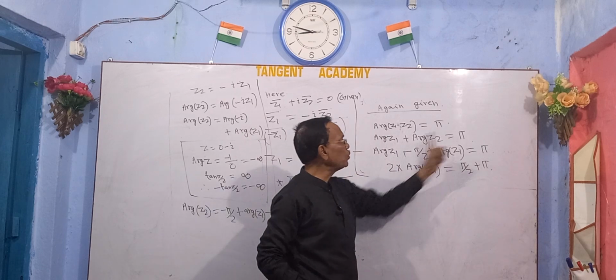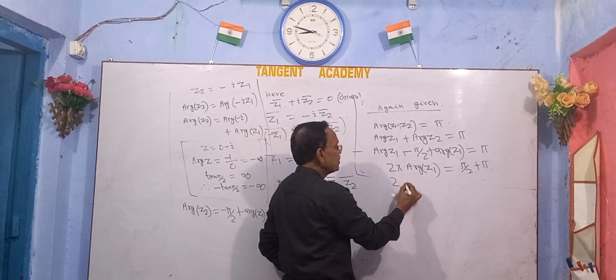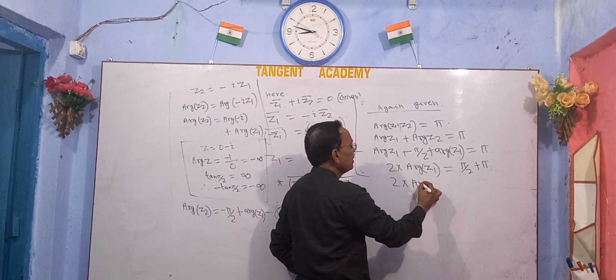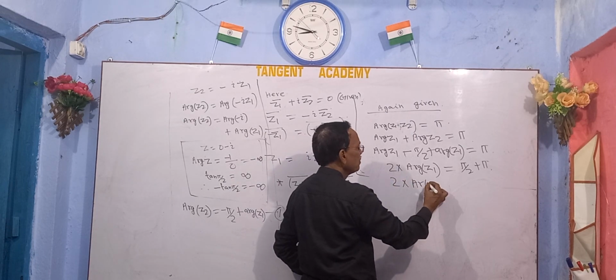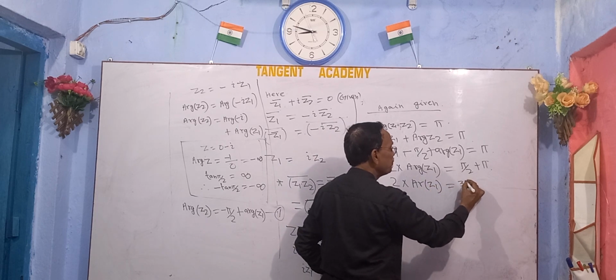Transposing minus pi by 2 to the right hand side, therefore twice the argument of Z1 is nothing but 3 pi by 2.